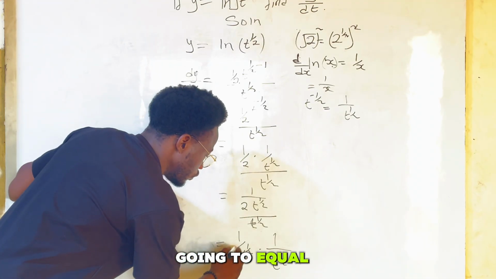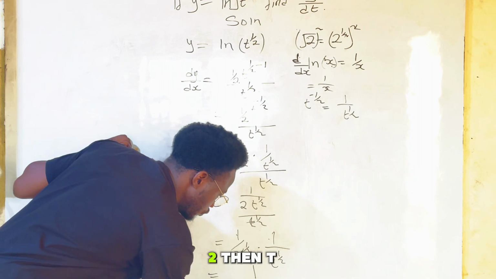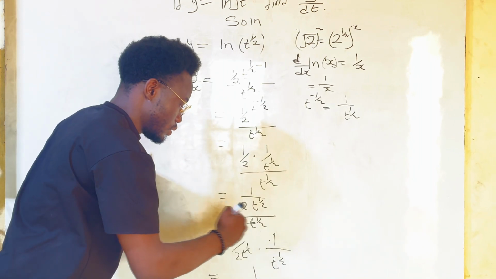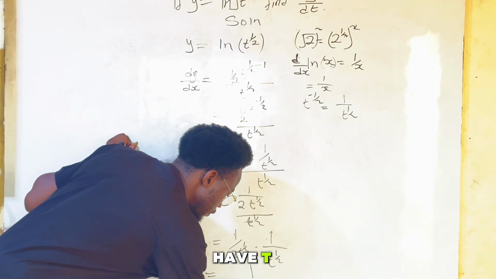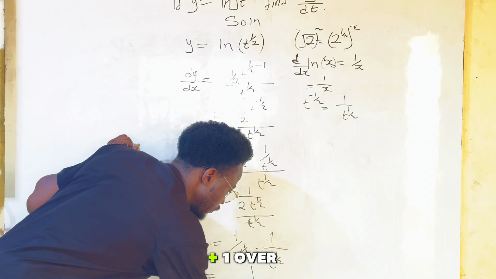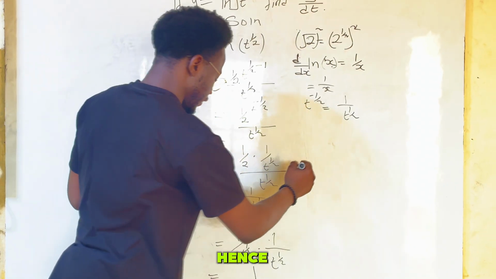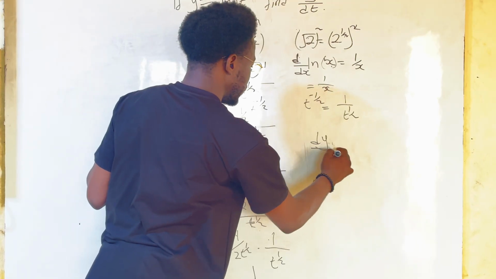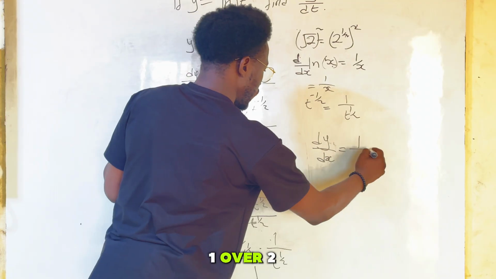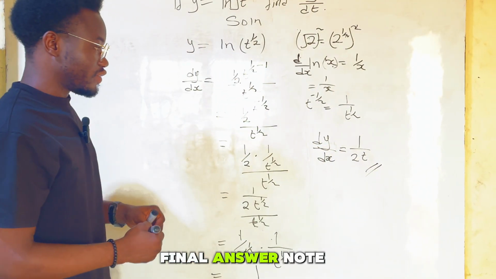So this is going to be equal to 1 times 1 is 1, all over 2, then t times that, you add the exponents. So we have t^(1/2 + 1/2), and this is going to give you t^1. Hence, my dy/dx is going to be equal to 1/(2t) as the final answer.